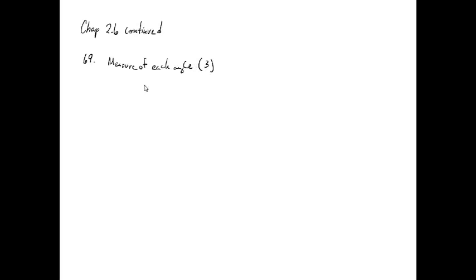Okay, good. They gave me some information. They said the measure of the first angle, so I'm going to say first angle, is 15 degrees more than, so 15 more than means plus, twice, 2, the measure of the second angle, times second angle.